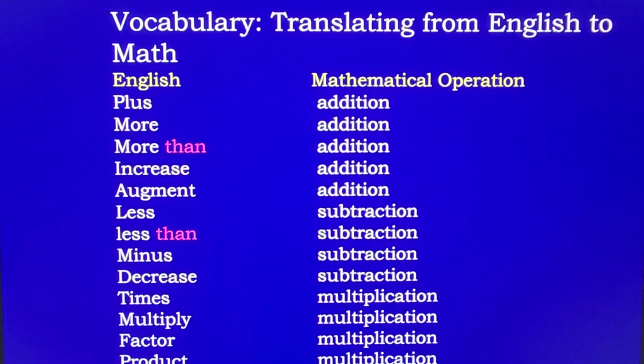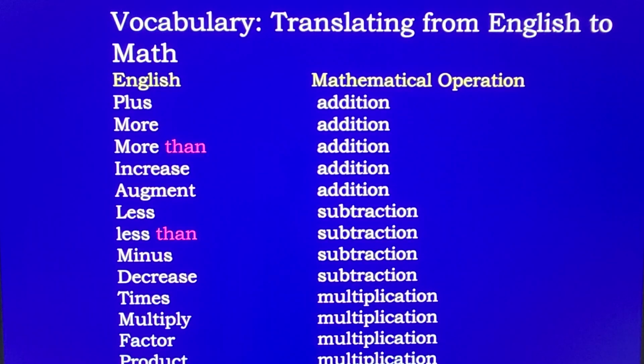And here are some words that occur very frequently in mathematics. On the left side you have the English, and on the right side you have the mathematical operation that those words require. Plus, more than, we'll review that one later. Increase, augment, all of those words call for an addition to be performed. Less than, that particular one will be reviewed later also.